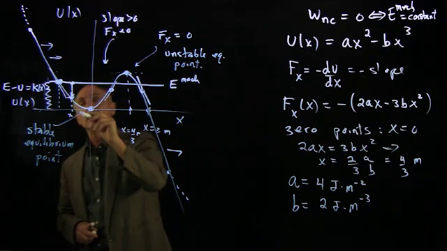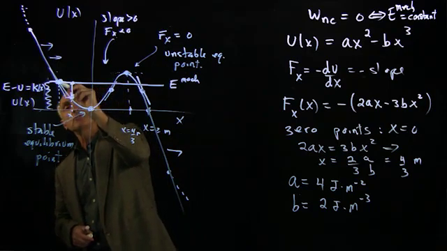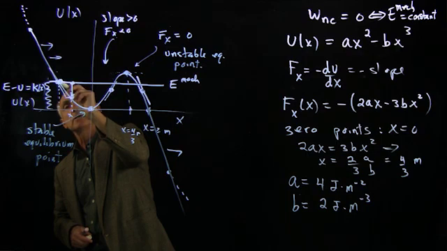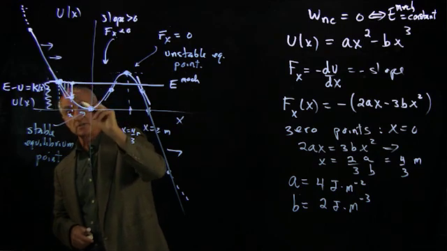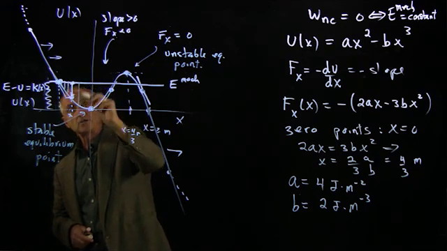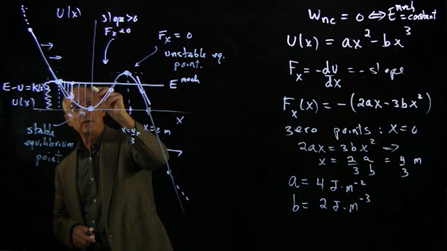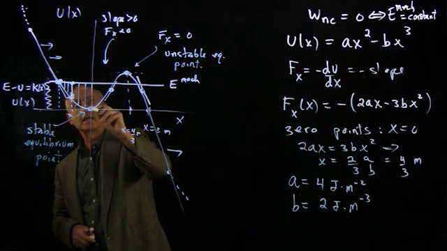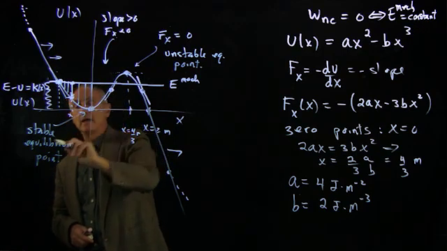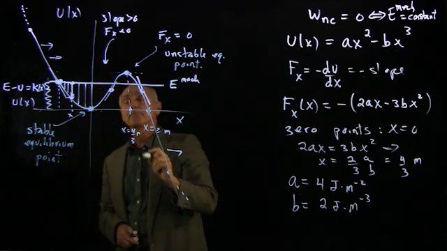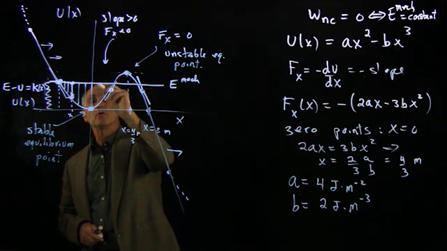energy is potential. And as the particle starts to move, let's say it has a little bit of energy, it starts to move in this direction, then the kinetic energy starts to increase until we get to this point where the kinetic energy is maximum at the stable equilibrium point, where the force is 0.